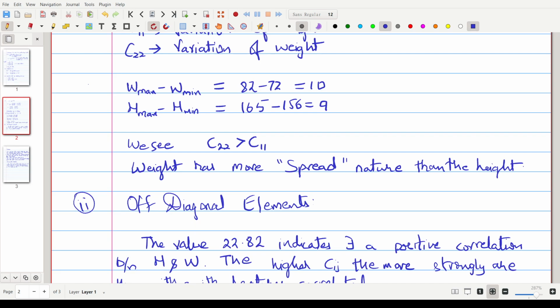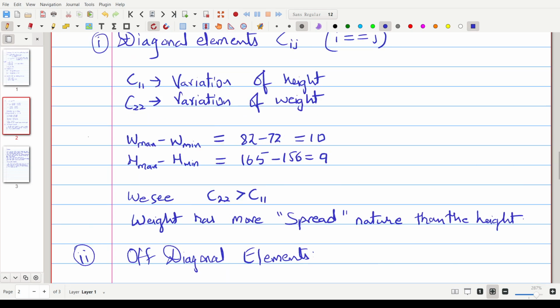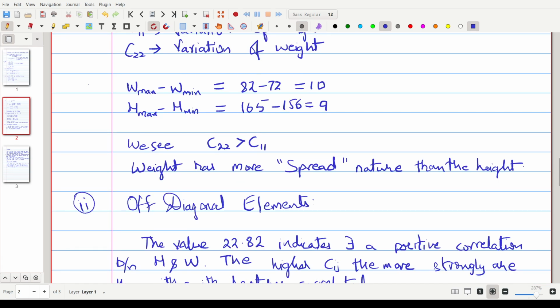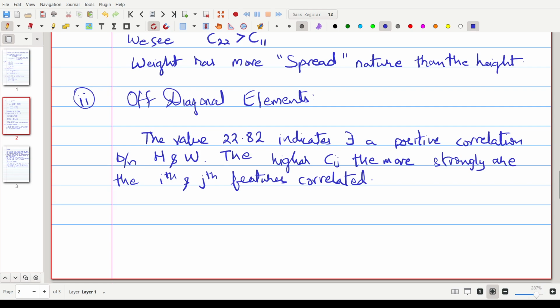Just to experiment, we take W max minus W min and H max minus H min, and get the values 10 and 9 respectively. Then we see C22 is greater than C11, which says that weight has a more spread nature than height. So this is one interpretation.